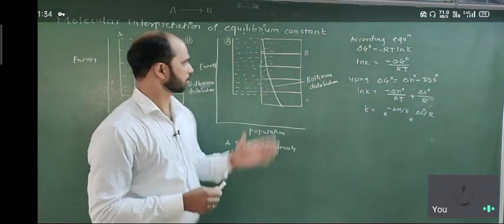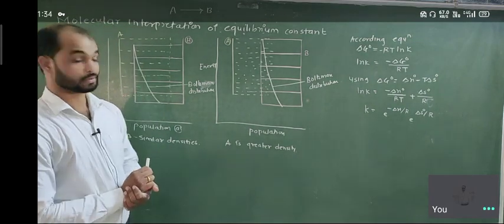But in the second case, this is another type of Boltzmann distribution.